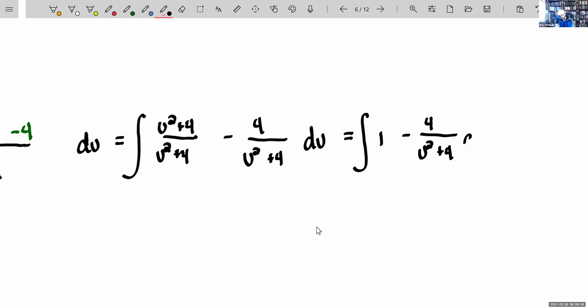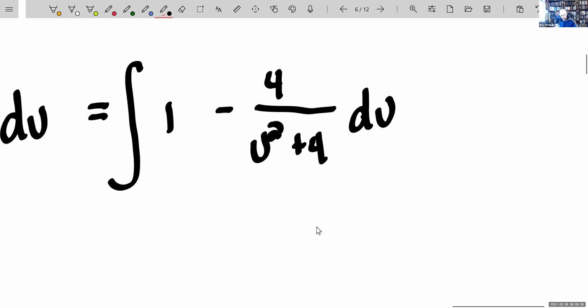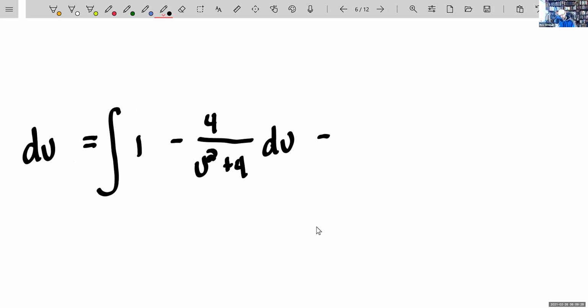There's not much you can do with that. That second term, though, should be reminiscent of a very powerful integrand, which is 1 over 1 plus x squared. So let me go ahead and run this integral a little bit. The antiderivative of 1 is just u. And I am going to leave this 4 in the numerator because I want to showcase something here.